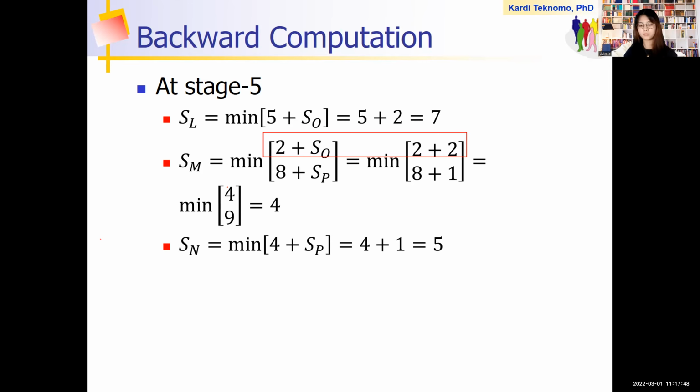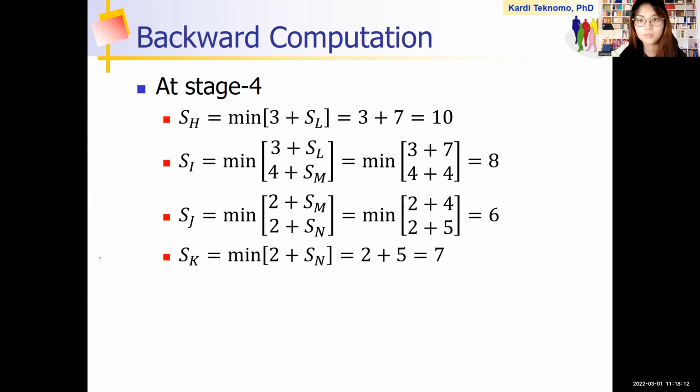In SM here, what is the minimum? The minimum is 4. Where does it come from? It comes from 2 plus SO. That means it will go from O, so link OM is the one that we will use as the path if M is chosen. The same thing here. You check which one is the minimum. SI here, which one is the minimum?